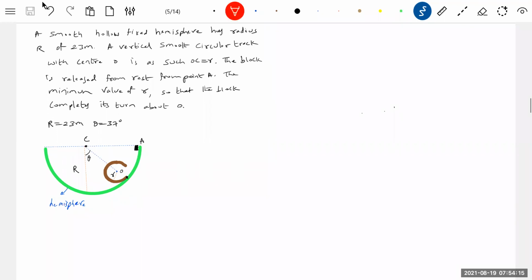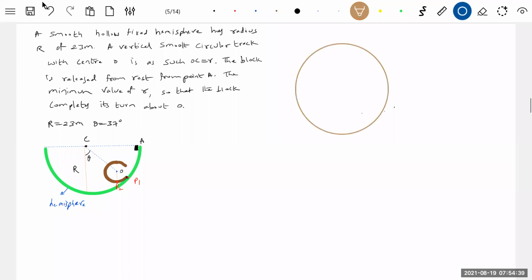Okay, there are 2 points we will take into the picture. One point P1, the other is P2. Theta is given as 37 degrees. This is the circular track, O. For O we are discussing this problem.